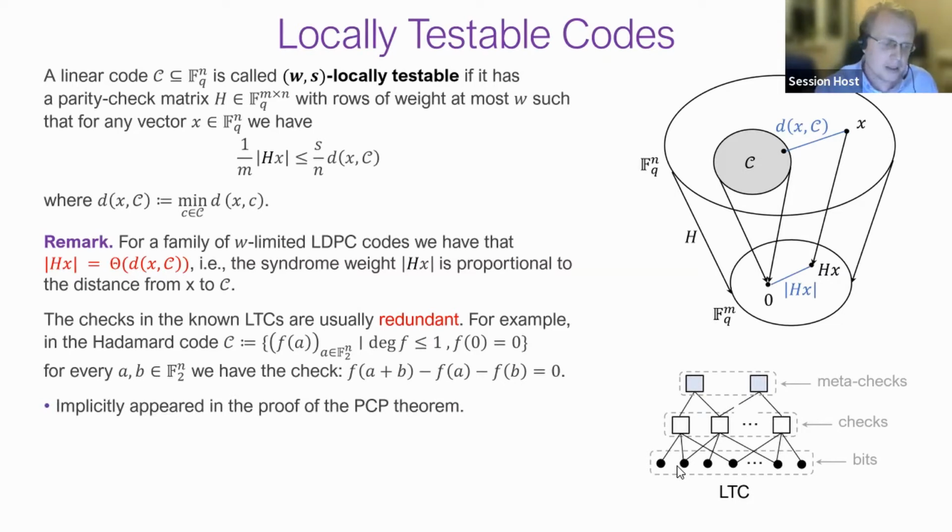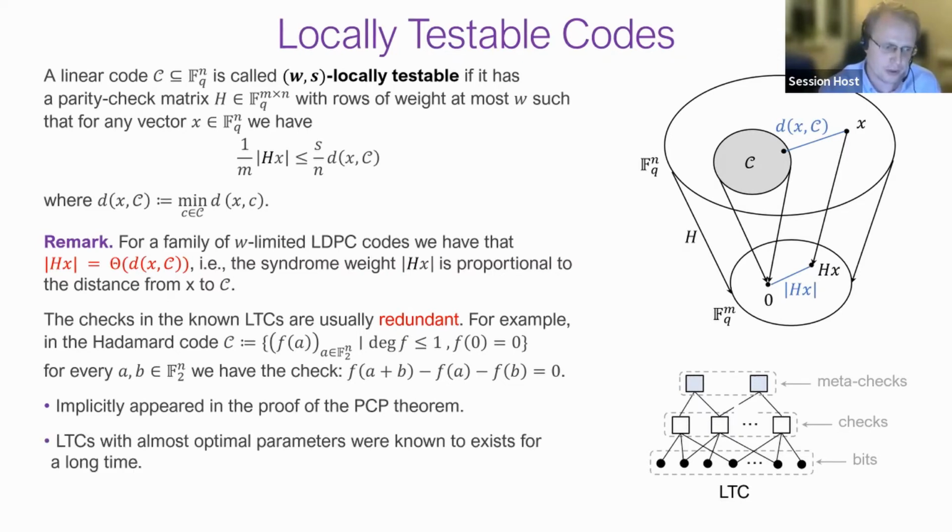Okay. And what was known about locally testable codes? It was known that they are used in the famous PCP theorem. And actually, I'm not aware of any practical applications of locally testable codes, but at least they are very interesting from a theoretical point of view.